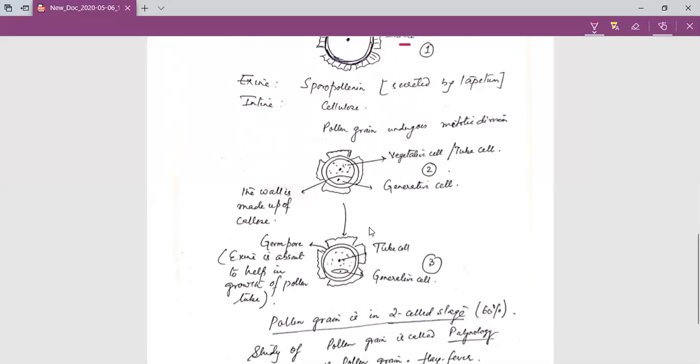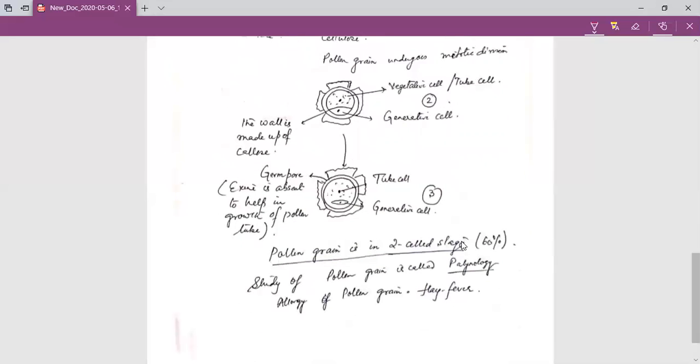Each microspore is converted into a pollen grain. The pollen grain undergoes mitotic cell division and forms a two-celled pollen grain. In most cases we get a two-cell pollen grain, and in some cases, like 40% of angiosperms, we get the three-cell stage once this generative cell divides into two male gametes.